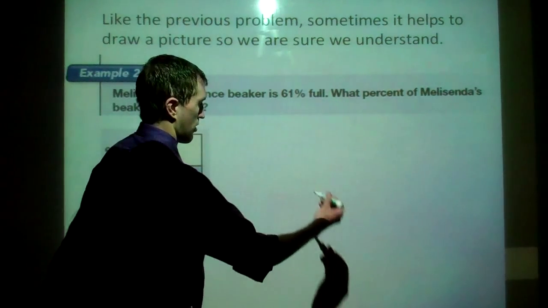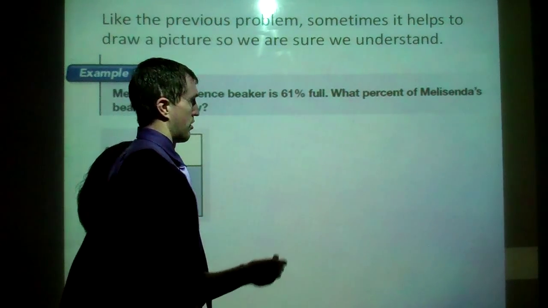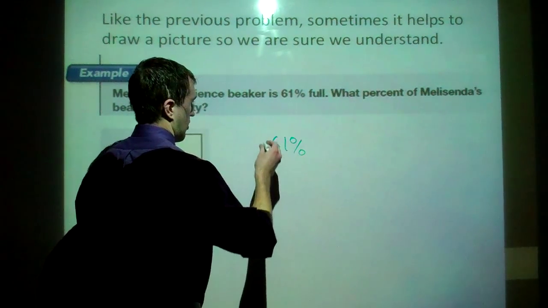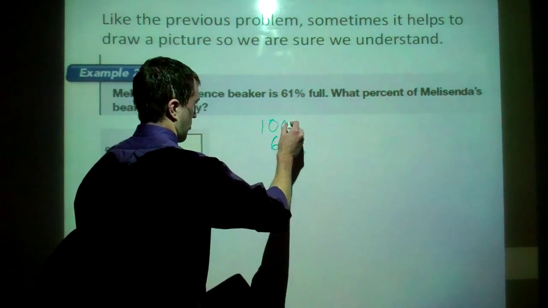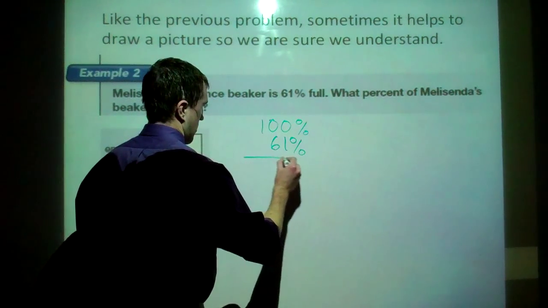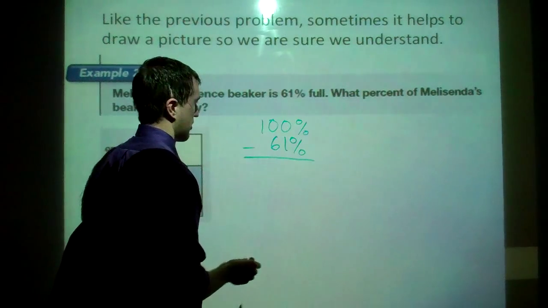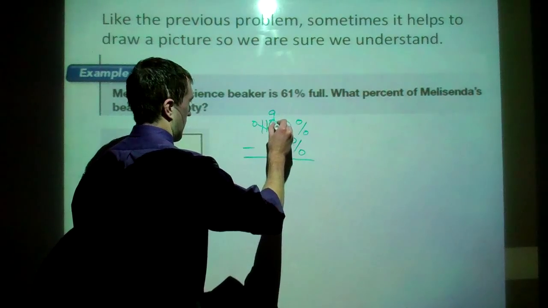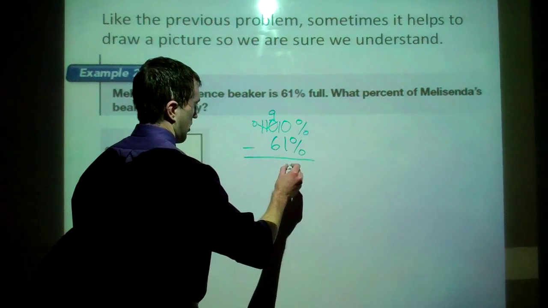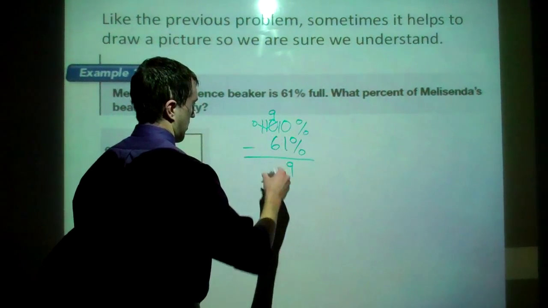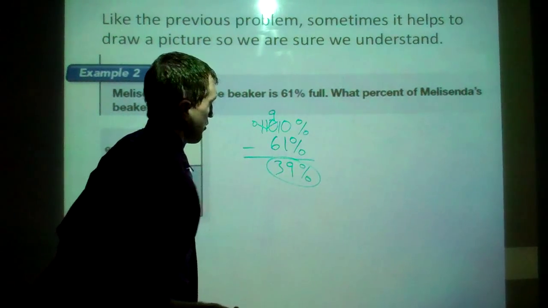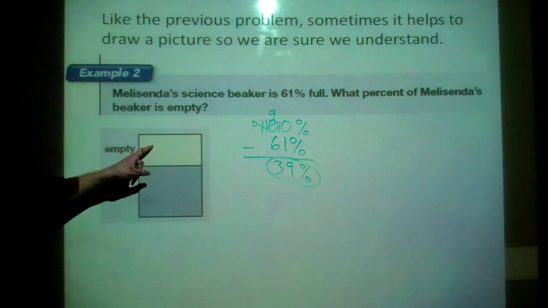Well, we've got 61%, and percents are out of 100. So if 61% is full, we will subtract that from 100%. And we should get our answer. So we're going to borrow here, 0, 9, drop that there, get 9, 9 minus 6, 39. 39% should be empty.